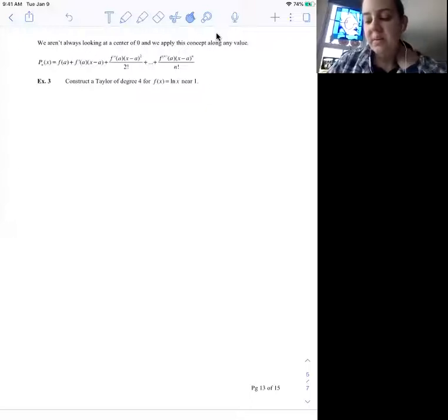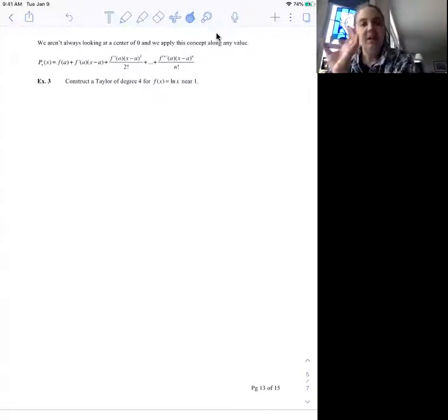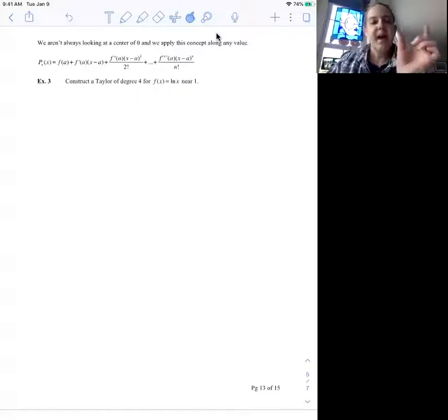So it's still the original function plus the first derivative, x minus a squared. Where have you seen that before? Well, you've seen it anytime you shift that parabola. If you have a +2, shifts it left 2. If you had a -7, it shifts it right 7. So that minus a in there is taking care of that shift when you're off of 0.